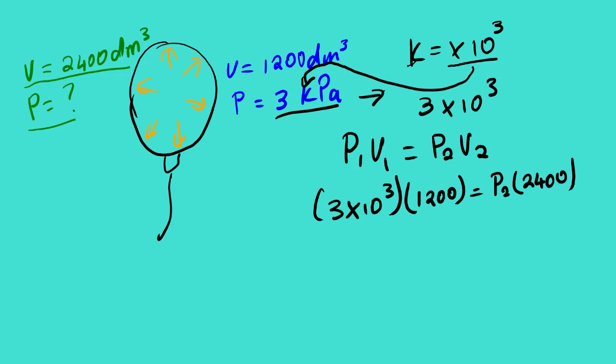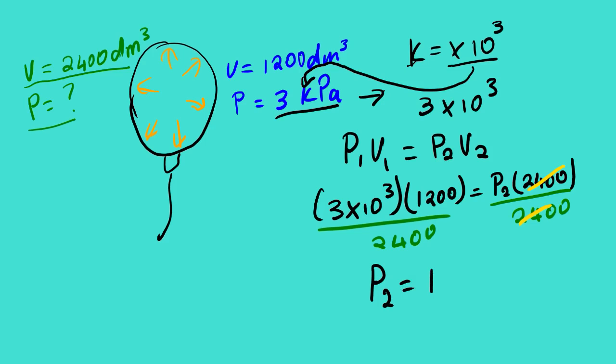Then from there we solve for P2, where we are going to divide both sides by 2400. Then P2 is equal to 1500. That is pascals.